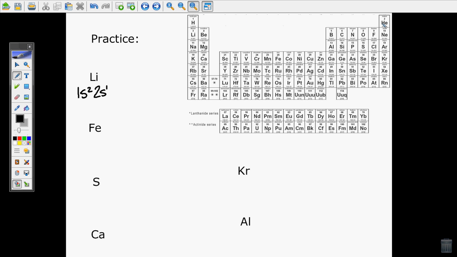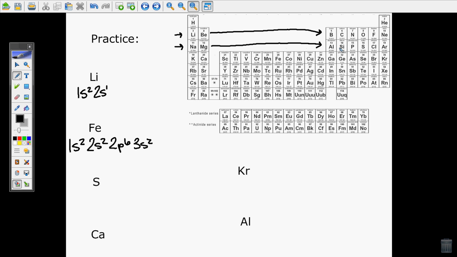So iron. I'm going to start here at hydrogen. 1s1 goes to helium, 1s2, so that's filled up. Then to lithium and beryllium, 2s2. I'm going to continue on until I hit iron. This is 2p, 1, 2, 3, 4, 5, 6, so that's full up. Then I'm here, 3s2, keep going until I hit iron, 3p, 1, 2, 3, 4, 5, 6.